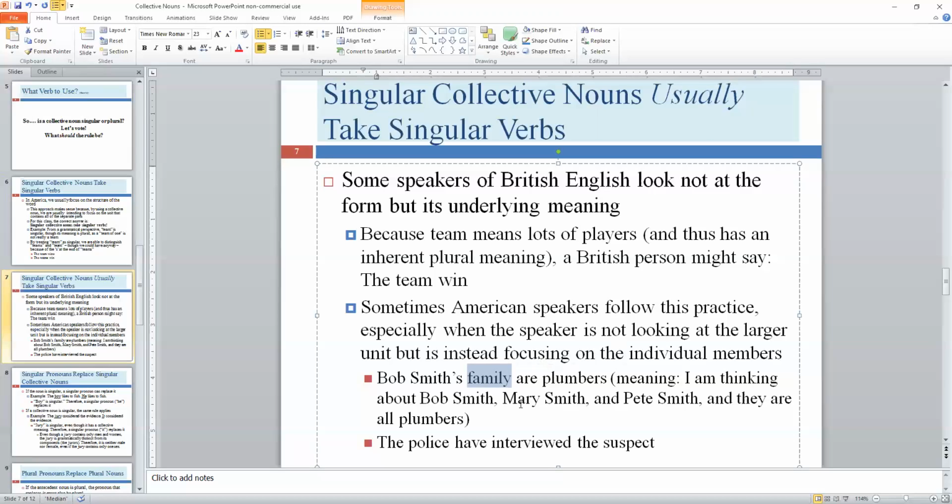Now, I will tell you what I would probably do instead of writing this sentence is I would probably rewrite it, because this is going to sound a little bit odd to my ear, and if it sounds odd to my ear, it may well sound odd to my reader's ear. And I don't want to put them in a position, even if I'm technically right, where something doesn't sound right to them, because that takes them out of the experience of reading.